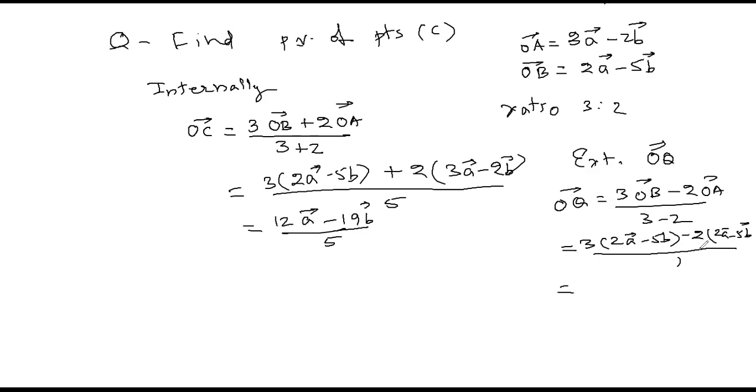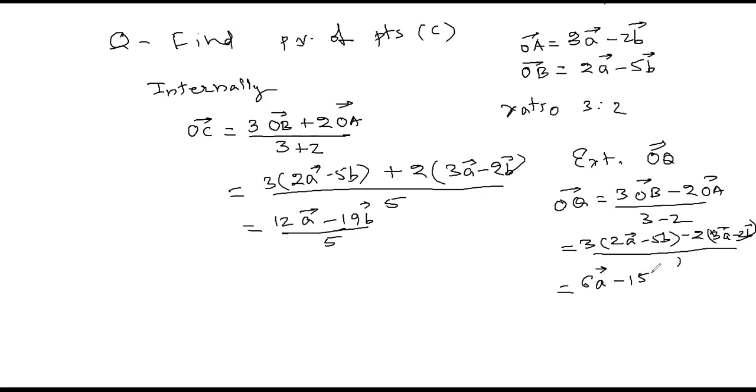A will cancel, I think. Put the same values here. OA is 3A, 3A minus 2. 3 times 6A, you can say anything, no problem.